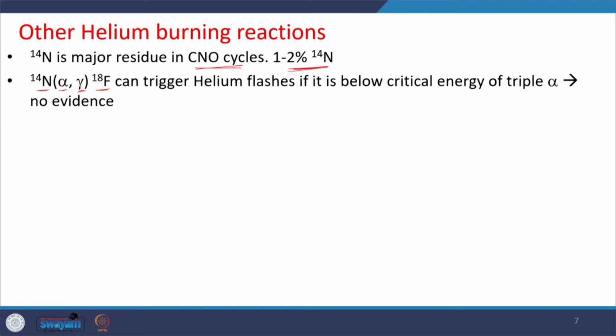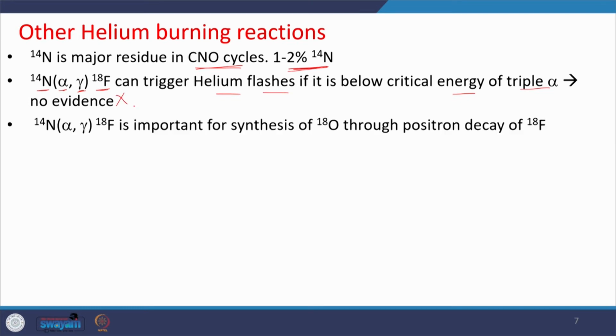Now, people expected that it can trigger some kind of helium flashes if at all it is below the critical energy required for the triple alpha process, but as of now there is no evidence. Okay. However, this reaction of alpha plus nitrogen 14 is very important for the synthesis of oxygen 18 through the positron decay of F18.